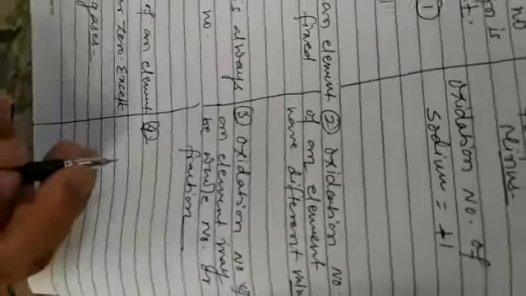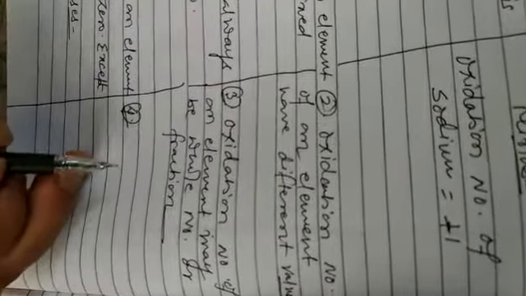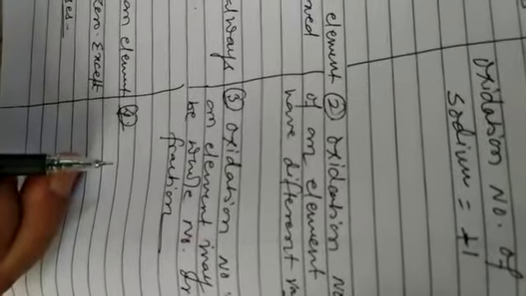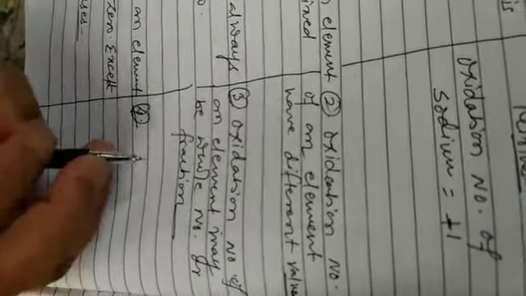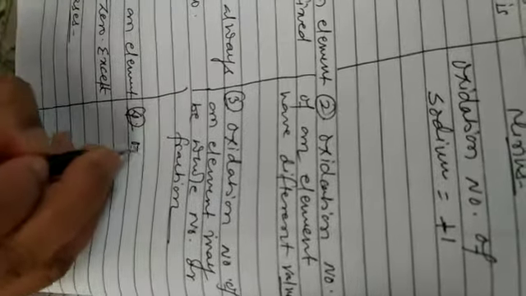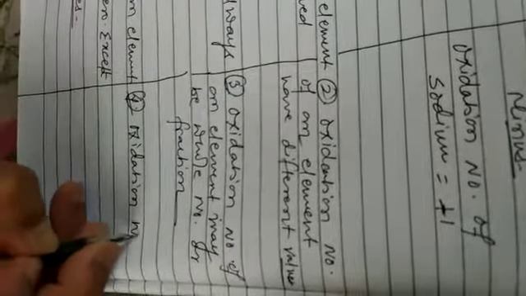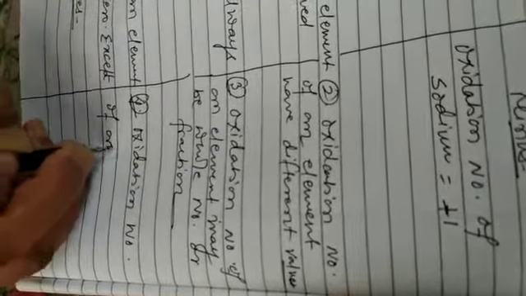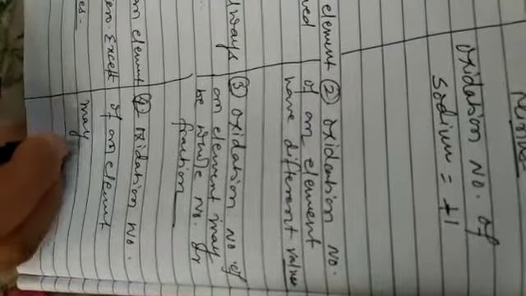Neon is a noble gas. Argon is a noble gas. So its valency will be 0. Fourth one: the oxidation number of an element may be 0.